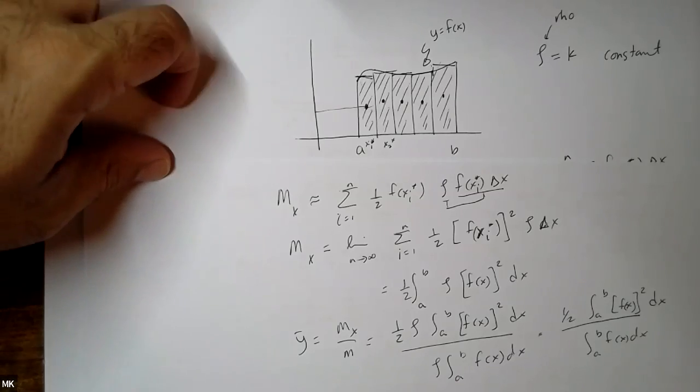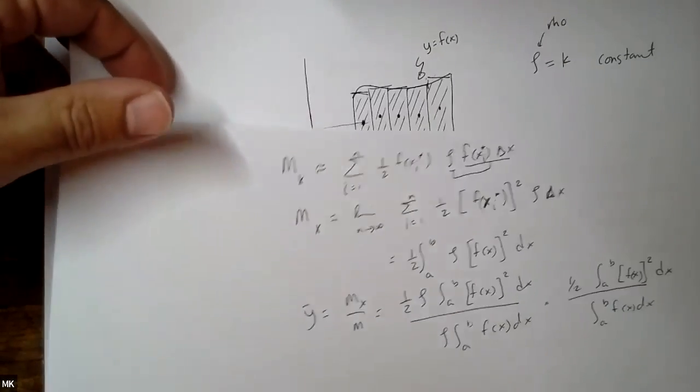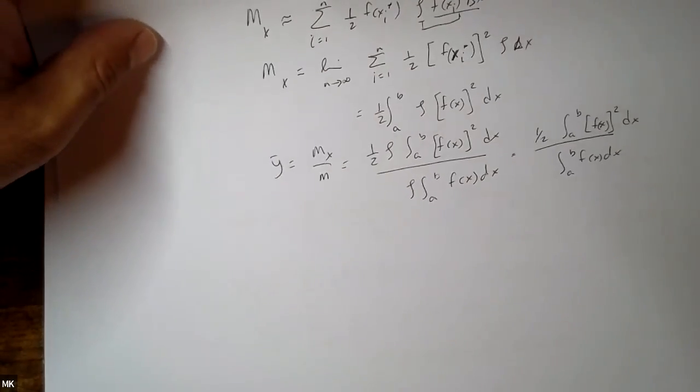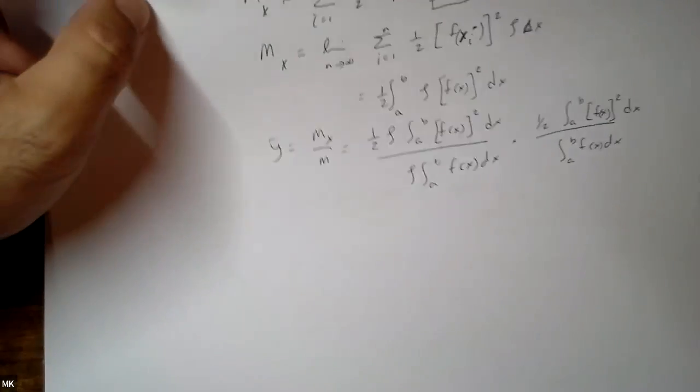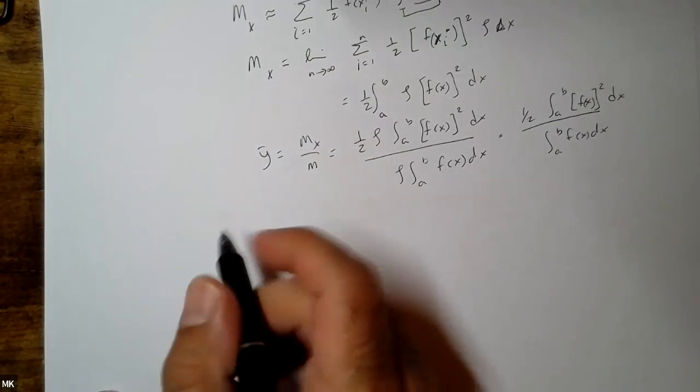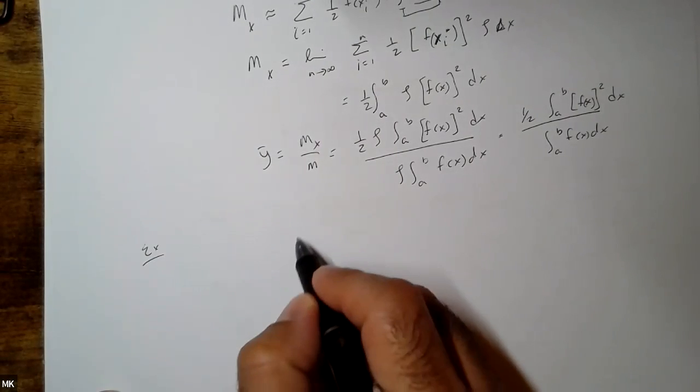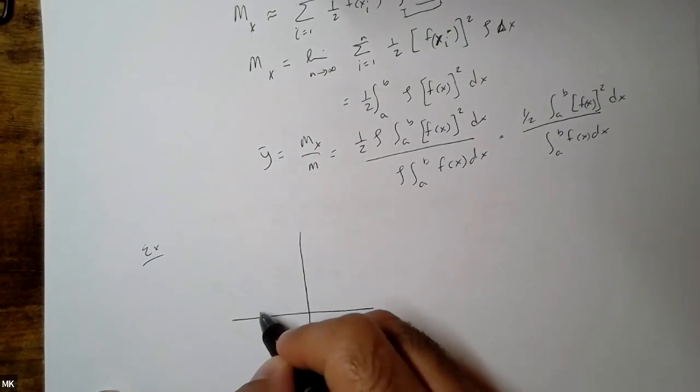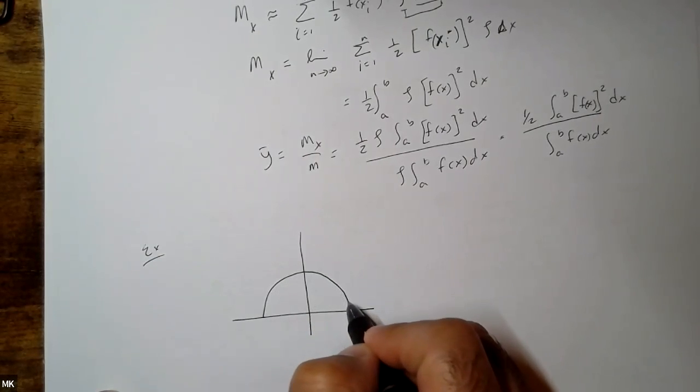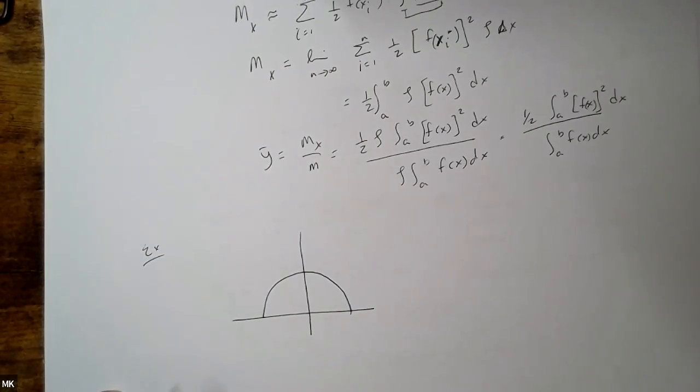A classic example for this would be the center of mass of a half circle, which is located at the origin. And suppose the radius is 2. And I want to know what the center of mass is.